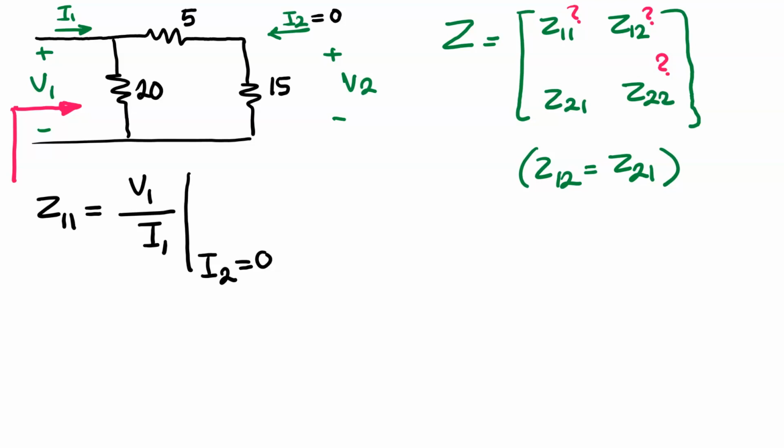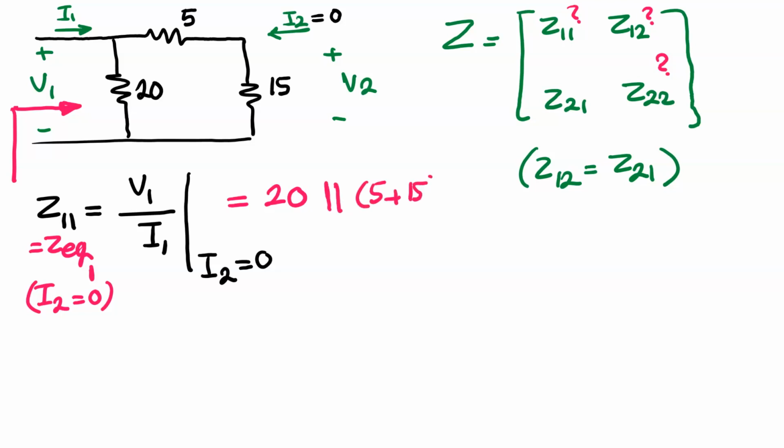So Z11 is basically equal to Z equivalent from terminal 1 when I2 is equal to 0. So let's solve this. It's equal to 20 in parallel with 5 plus 15, which is 20, and 20 in parallel with 20 is going to be 10. So my Z11 is equal to 10.